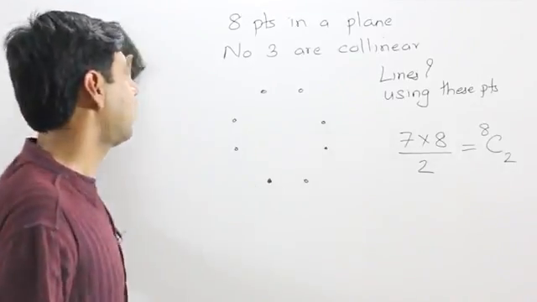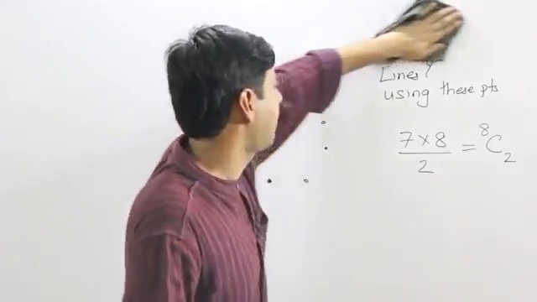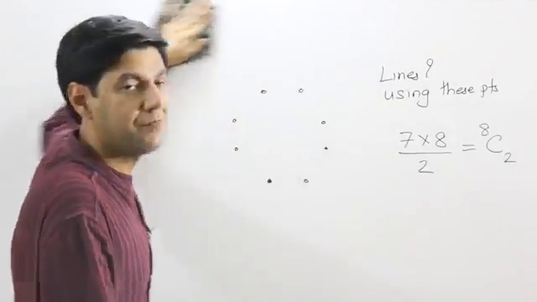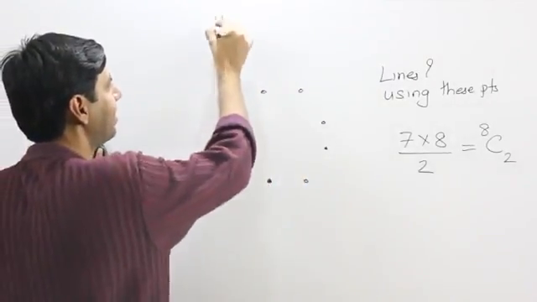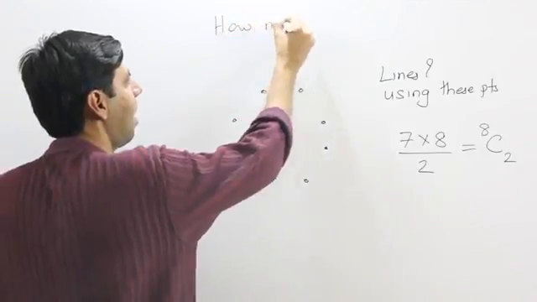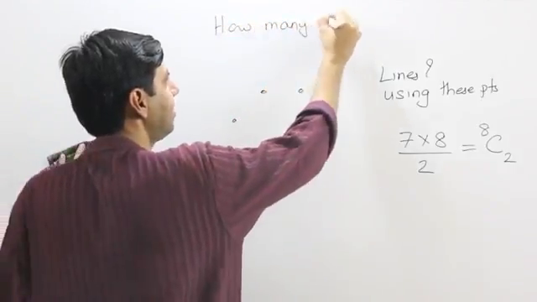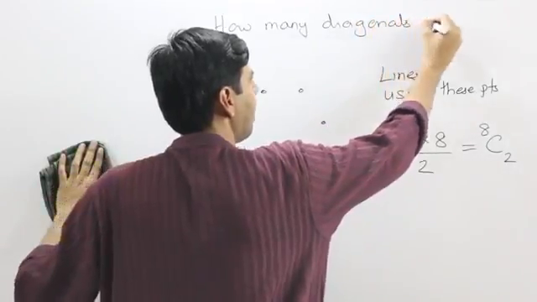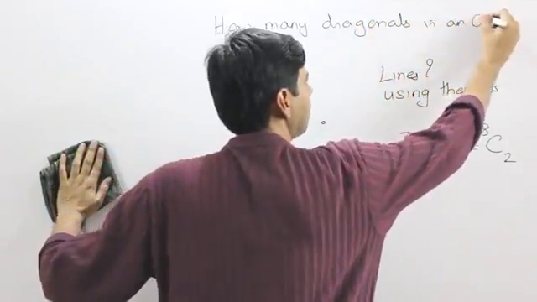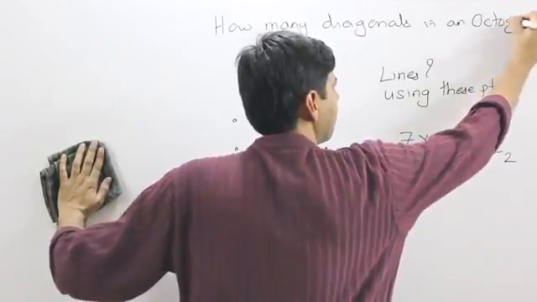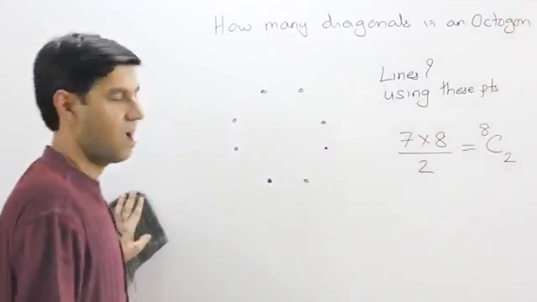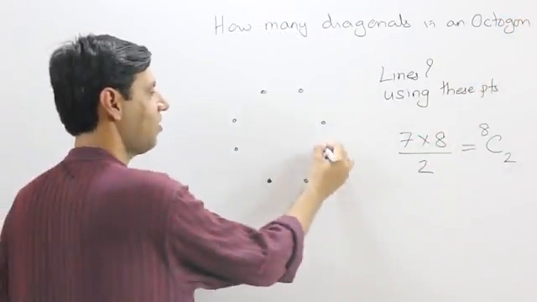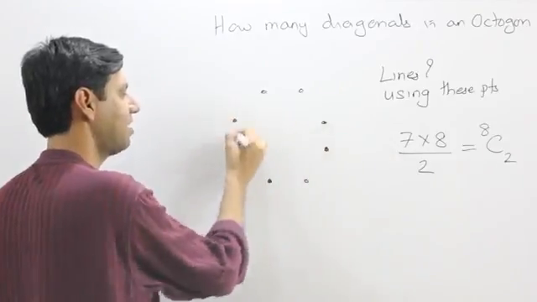Okay, let us continue this question and change it to how many diagonals in an octagon. So we were anyways dealing with an octagon and diagonals are nothing but lines.